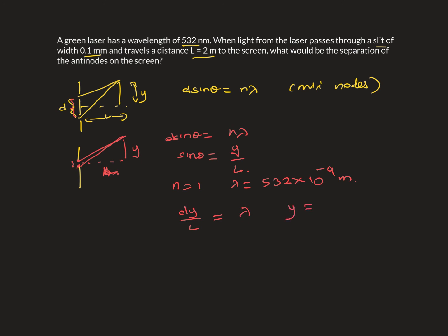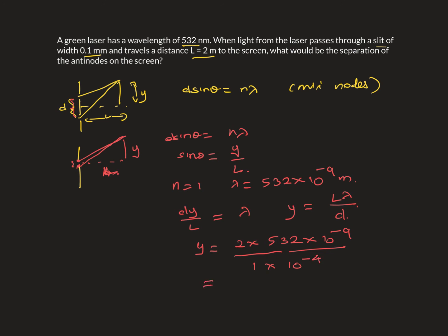So y is equal to L lambda divided by d. So y is equal to L is 2 meter and lambda is equal to 532 times 10 to the power minus 9 meter divided by d, which is equal to 1 times 10 to the power minus 4 meter.